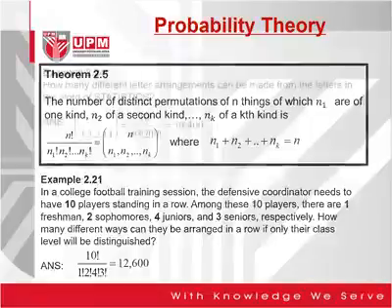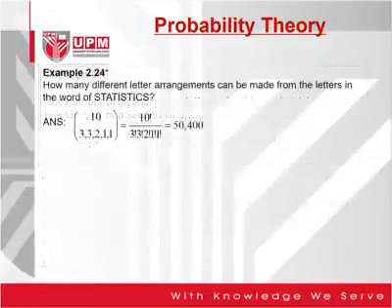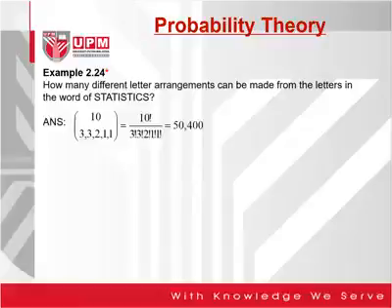Maybe we go to these examples. Example 2.24, statistics. I want you to arrange the letters in different orders. I don't care whether it is readable or not. You can see clearly there are 3 T, 3 S, 2 I, and the rest are 1 and 1.